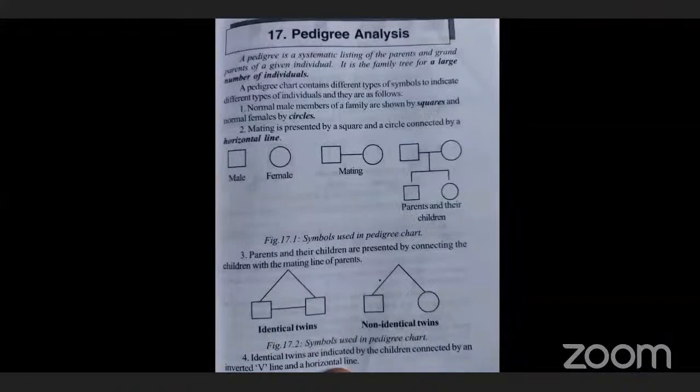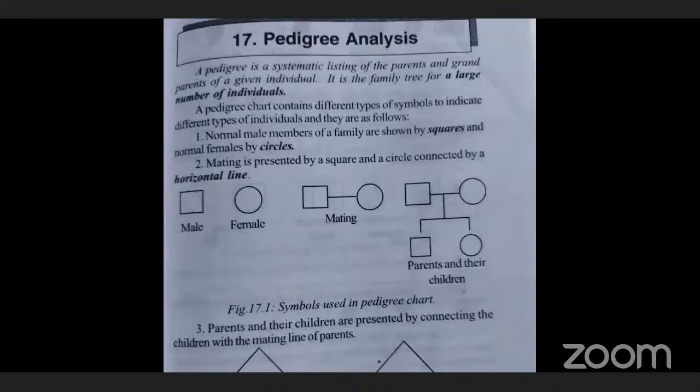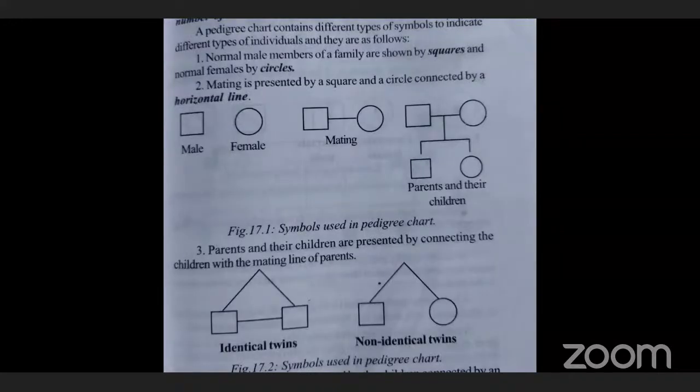The last topic is pedigree analysis. Pedigree means the systematic listing of the parents and grandparents of an individual. It is a family tree. Pedigree analysis is simply a family tree for a large number of individuals.